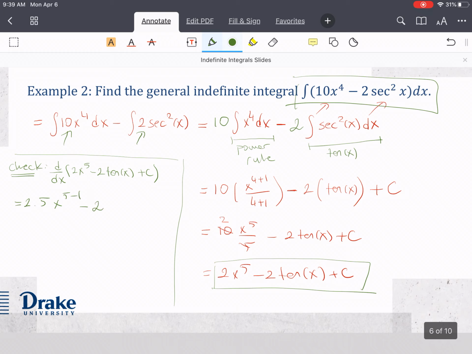Then minus, keep the 2, and the derivative of tangent is always secant squared, and c goes to 0 because it's a constant. So we get 10 times x to the 4th minus 2 secant squared x. You'll notice this is what we started with, the original function given in the integral. So our work is checked.